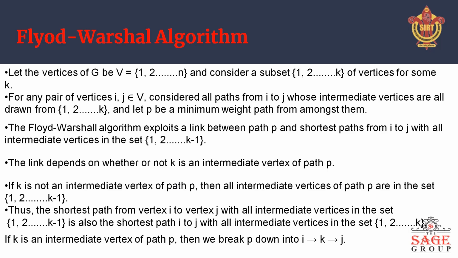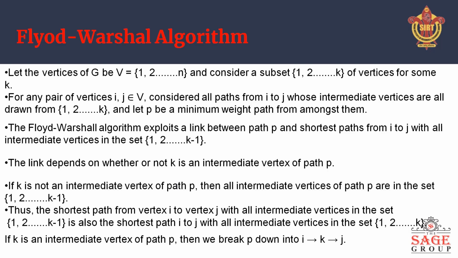The link depends on whether or not k is an intermediate vertex of path P. So if we want to select a particular vertex, whether it is part of path P or not depends on the value of k.